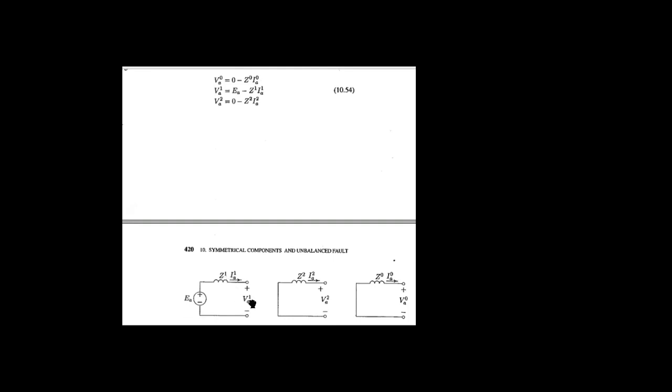Because it denotes all the information in that circuit, the first part of the circuit: all the voltage, the internal EMF is there, this is the terminal EMF, the terminal voltage, and this one is the current due to positive sequence impedance, right?